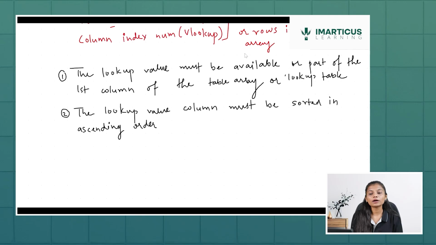Now it is telling me the lookup value column must be sorted in ascending order, but when? Not in all conditions, but especially during approximate match. So this condition would be there when there is something called approximate match. Approximate match means it's not an exact value which is found, it's an approximate value, that's a nearby value or the lowest value which we have. So the lookup value column must be sorted in ascending order. That's what we require over here.